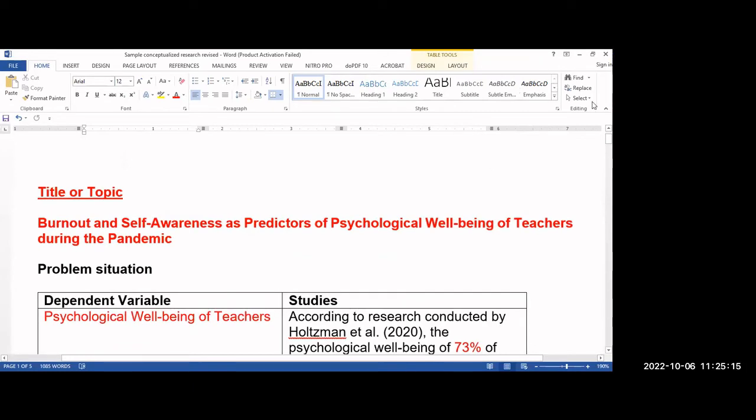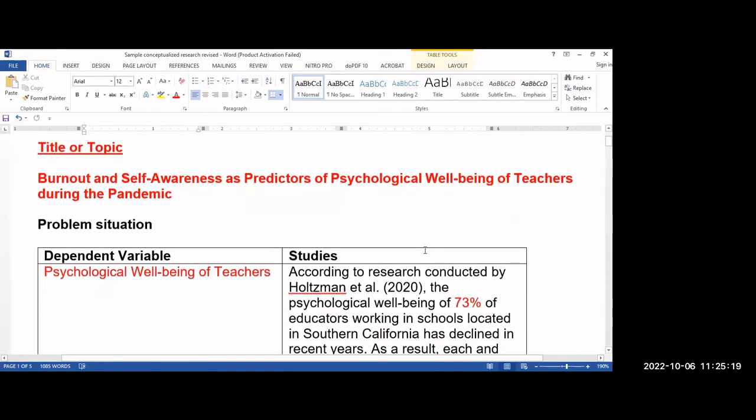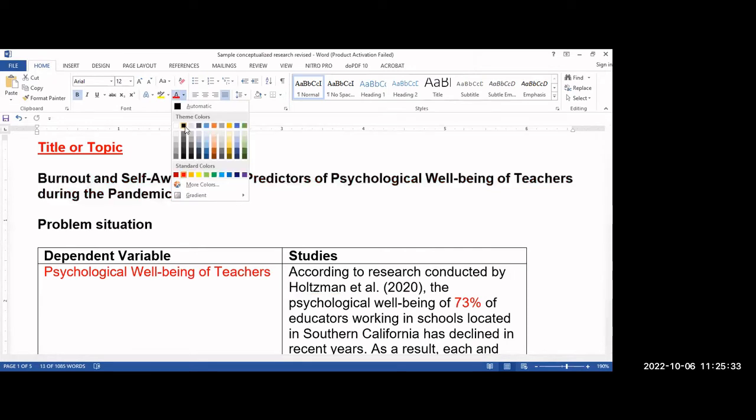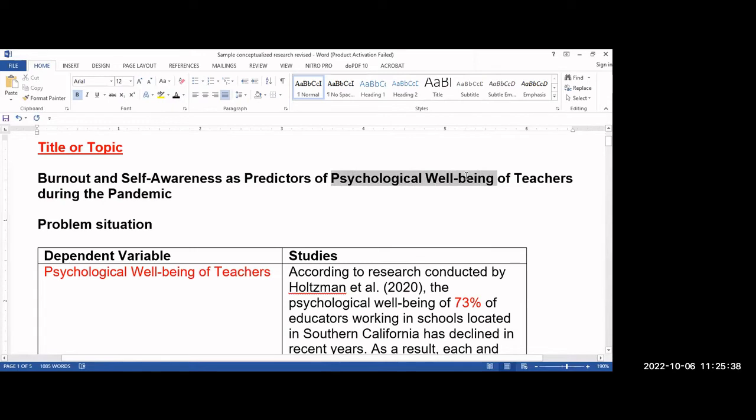Okay, this example is the title: Burnout and Self-Awareness as Predictors of Psychological Well-Being of Teachers During the Pandemic. So we have to determine first the variables of the study. The dependent variable, which is the problem or issue under study, we call that the outcome variable. It's the psychological well-being.